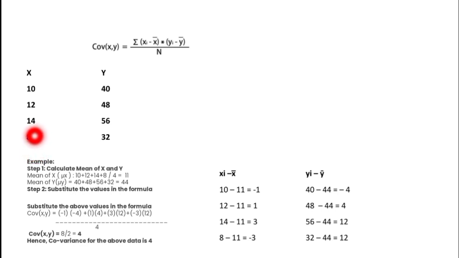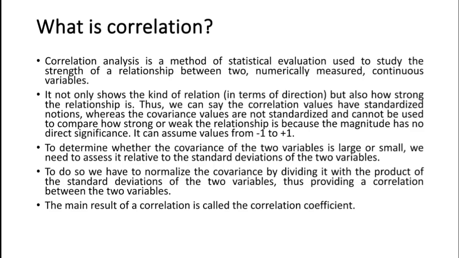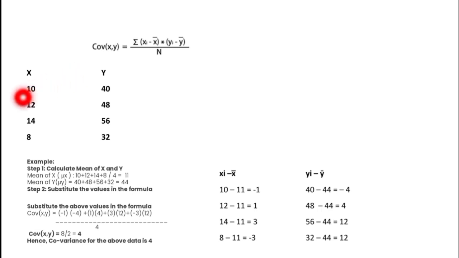Getting my point? So I will add all the values. To calculate the mean, I have to add all the values divided by the number of values. 10 plus 12 plus 14 plus 8, divided by 4. So I will get the value 11.